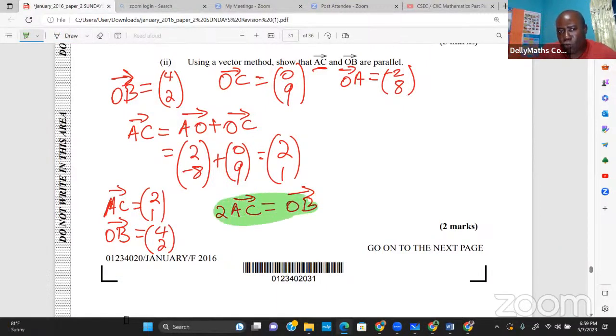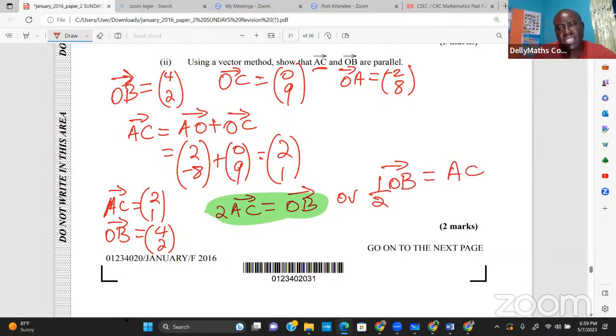So this statement is the vector method that they're talking about. You don't have to work it out further to show them. If I tell them that 2 times AC is OB, that means they're parallel. I could have turned it the other way. I could have said half of OB gives me AC.